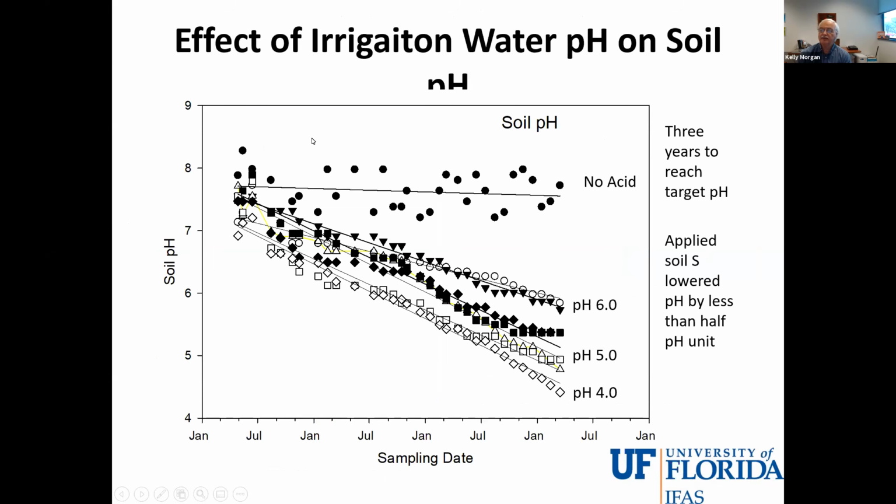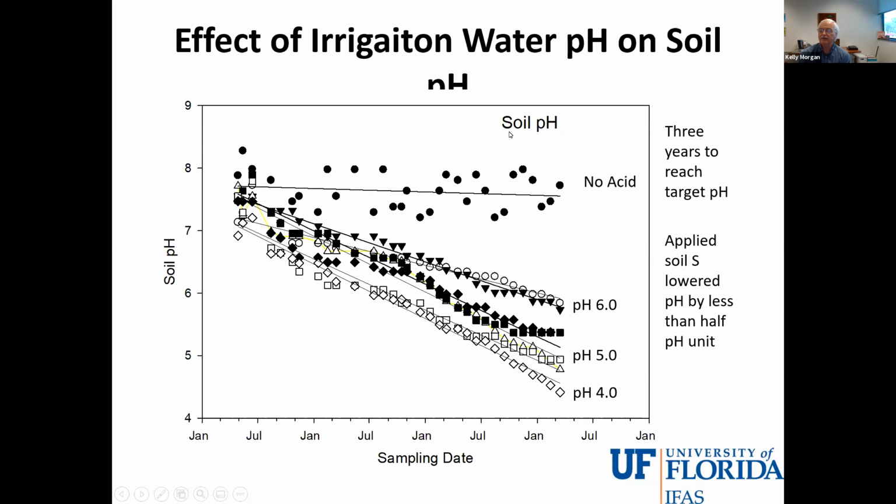So in the study, we had 4 different ranges where we had the pH of the water as it occurred naturally, and that was in the mid to upper 7s. And then we had a target pH of 6 for the water for 3 years, 5 for 3 years, and then down to 4 for 3 years.